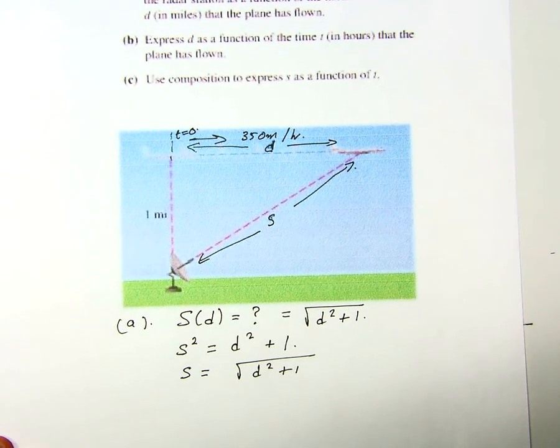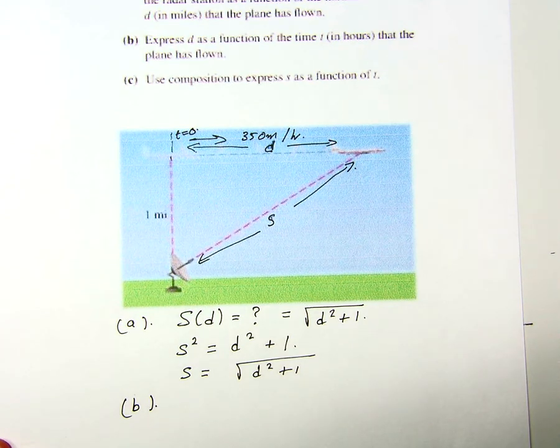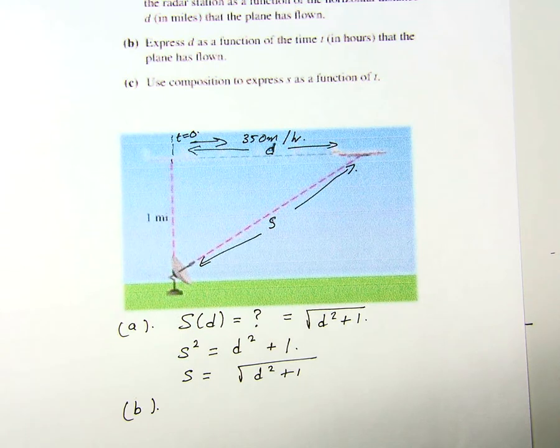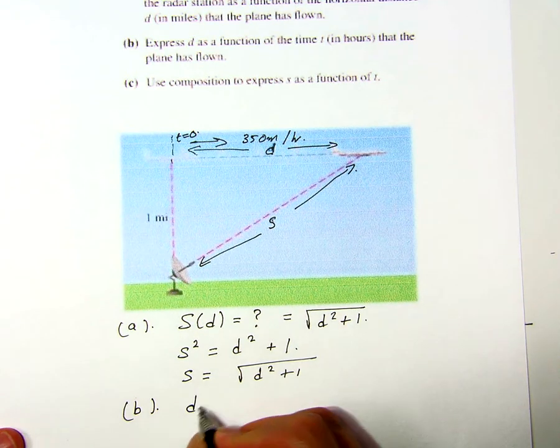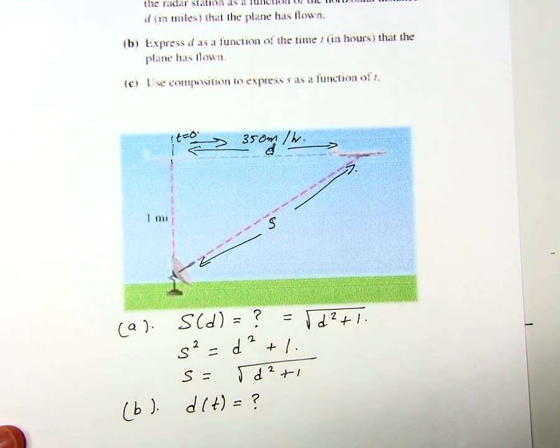Now B says, express d as a function of time. And we see that d does indeed vary as time varies; as time progresses, d gets larger. And so d is a function of time t. The question is, can we write down a formula for that?